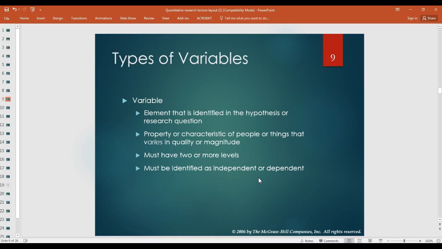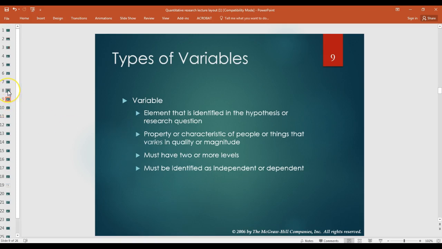One of them is an independent and one of them is a dependent variable. The independent is usually the one that you can manipulate to check its influence on the dependent, which shows the outcome. Okay, and these two variables are usually seen in your research question in quantitative research.